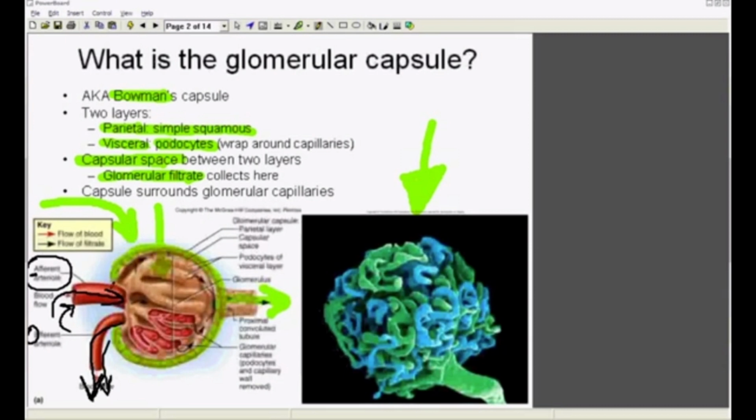And that's important because in order to force fluid to get filtered out of the blood and caught in the glomerular space here, I have to have the blood at a sufficiently high blood pressure. And the easy way to do that is to allow more blood to go in than leaves through the efferent.